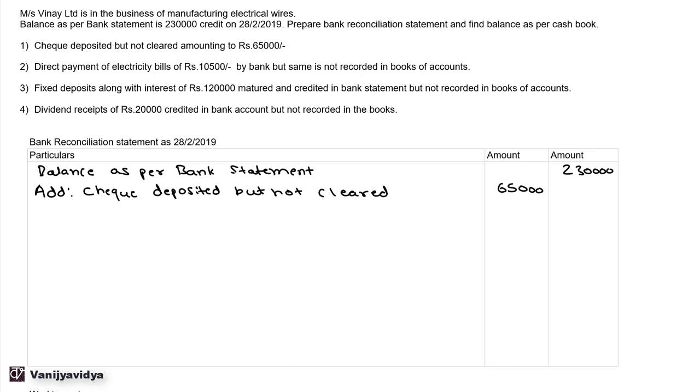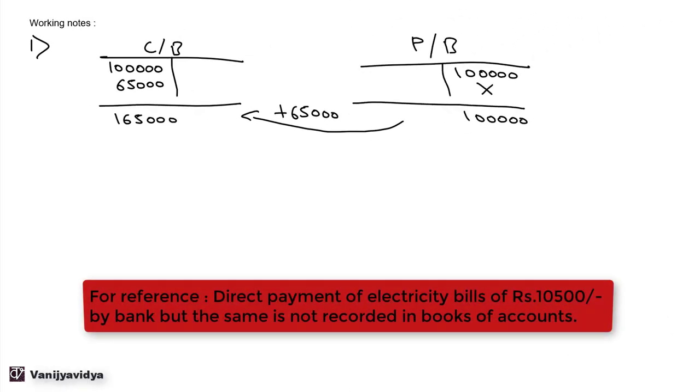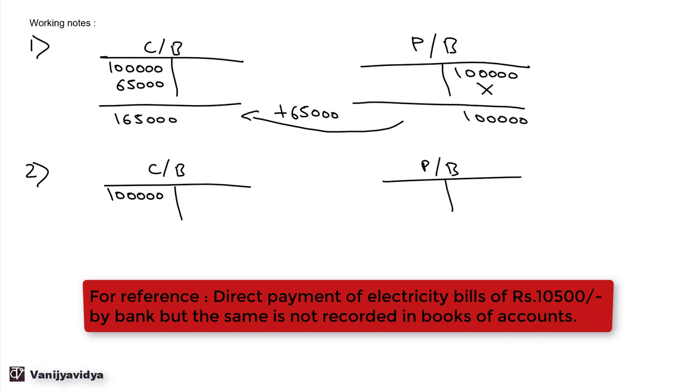Now let's prepare a working note and find out this impact. Working note 2. We have cash book and passbook. So 1 lakh debit balance as per cash book, 1 lakh credit balance as per passbook. Now there is a direct payment by the bank, so 10,500 on the debit side of passbook.